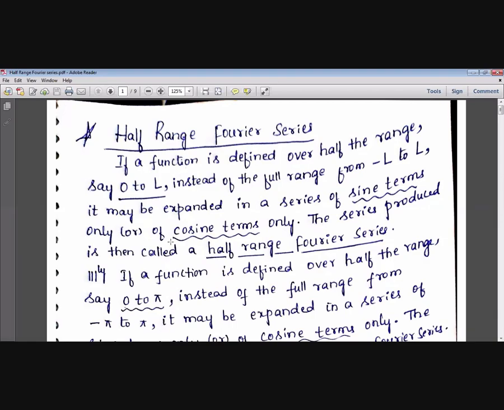Previously, in Fourier series, we expressed the given function in terms of sine and cos. Here, we express it in terms of sine itself or cos itself.